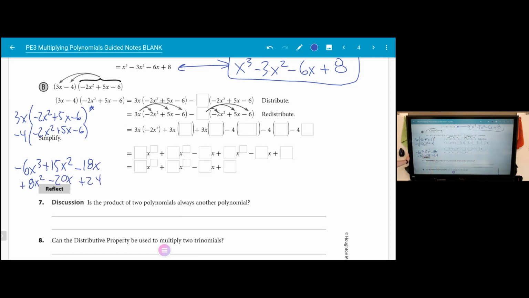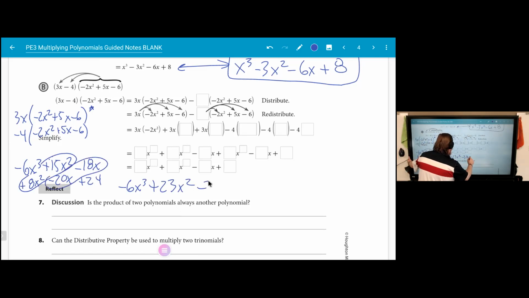If we combine our like terms, the first one we have is negative 6x cubed. I have two terms that have squareds right here, plus 23x squared. I have two terms with just plain x's, so I get minus 38x, and one constant, plus 24.